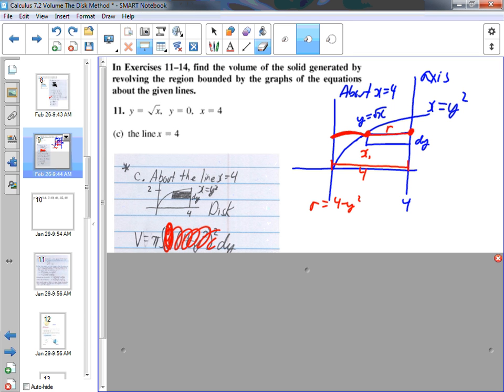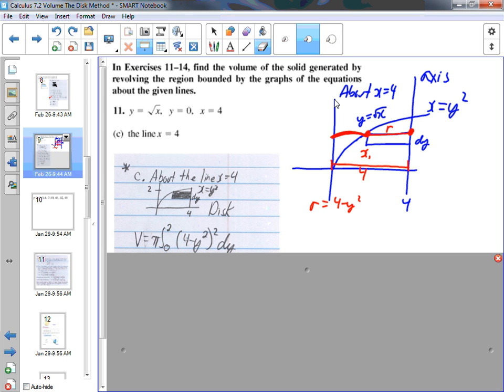So I've got the pi, I've got the h, it's r squared. So that's got to be 4 minus y squared, squared. But I still need my limits of integration. Should my limits of integration be x coordinates or y coordinates? Y coordinates, because everything's in terms of y. So what's the lower limit of integration? What's the lower boundary in the y coordinates? 0. Upper?